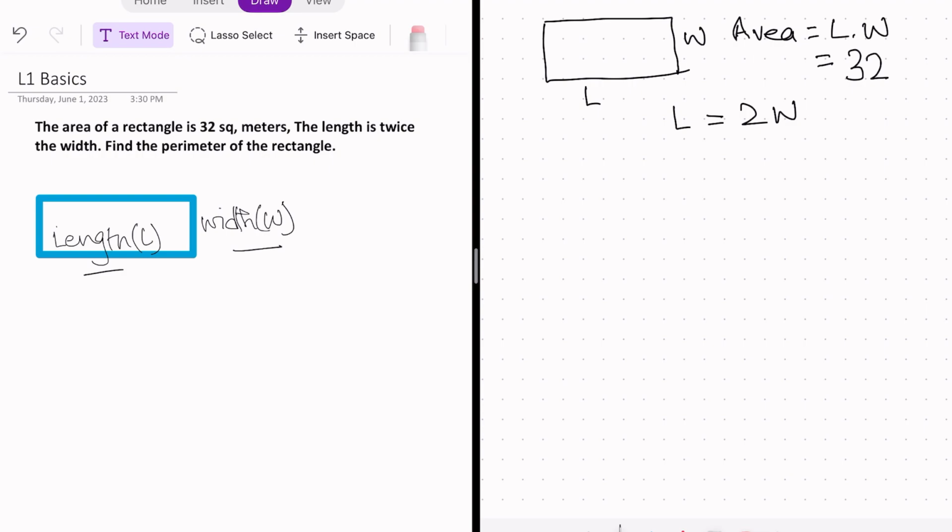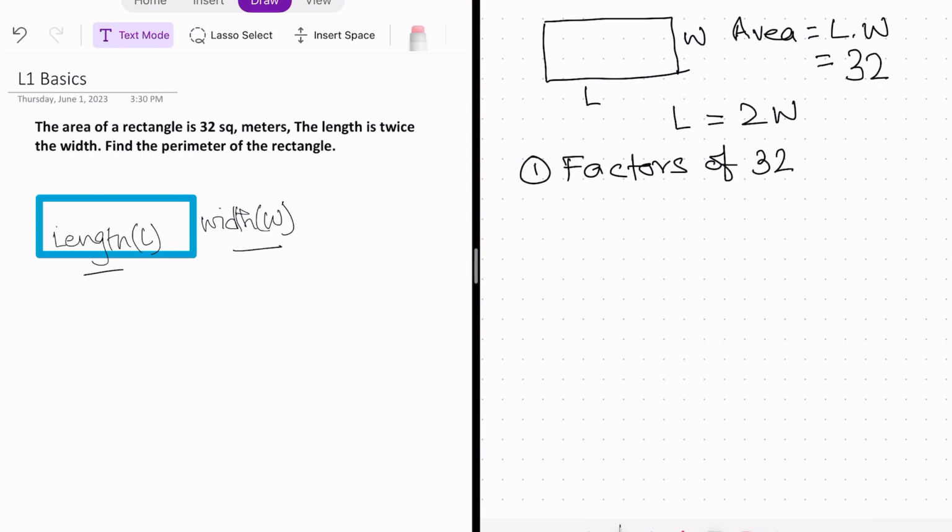So the way we will solve this is we will find the factors of 32, and then we will find out which combination of these factors gives you a length that is twice the width.